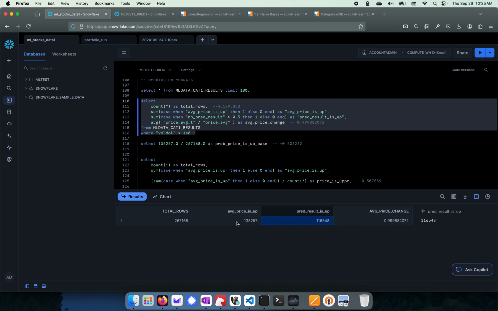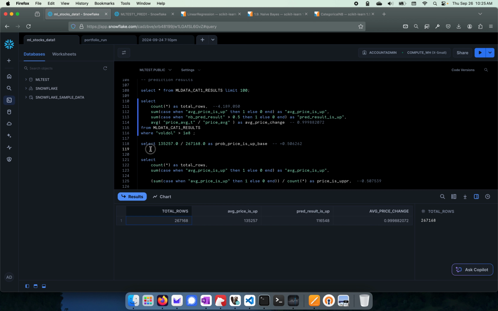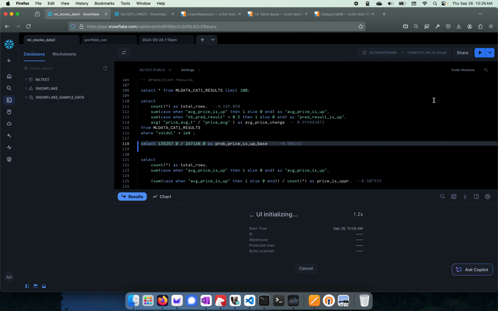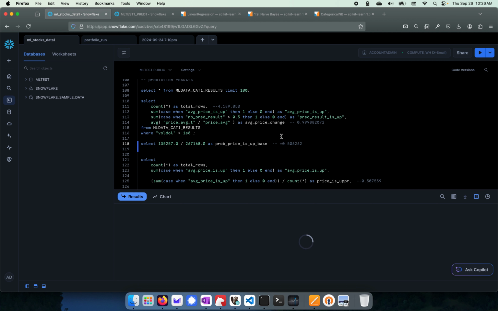And so the probability that a stock went up, and this is sort of interesting, out of the total rows that we have, which I already have the numbers here, created, yeah, this looks like the same. The probability that a stock went up is actually above 50%. And this is sort of interesting.